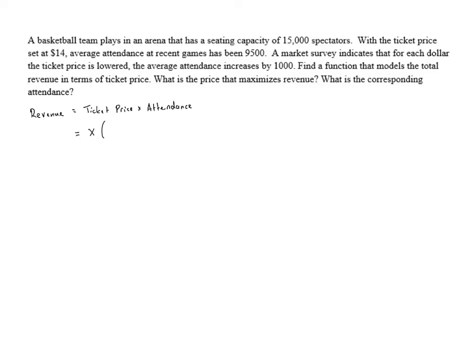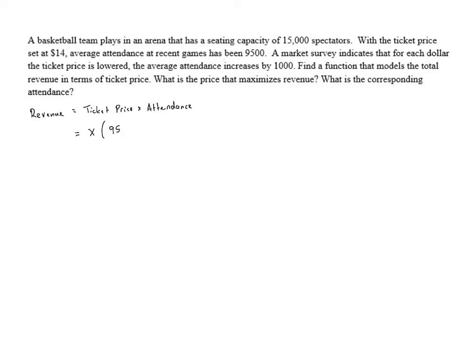So what we need to do now is figure out the attendance based on the ticket price. Now we know that the average attendance at recent games, when it's been $14 per ticket, has been 9,500.